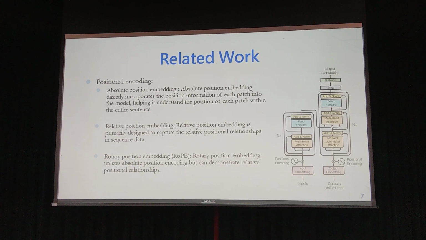Since NLP involves sequences, position encoding is crucial. Relative position embedding and rotary position embedding are more common encoding methods in NLP, and they emphasize the relationship between tokens.